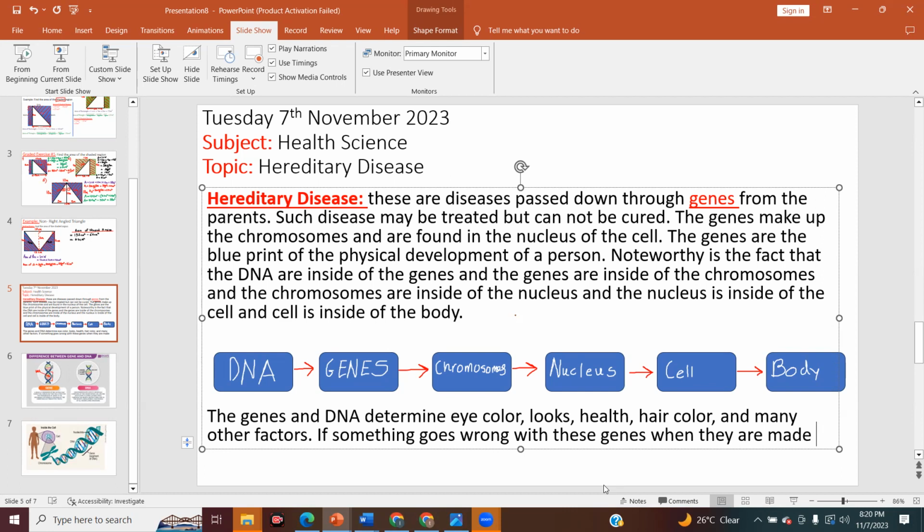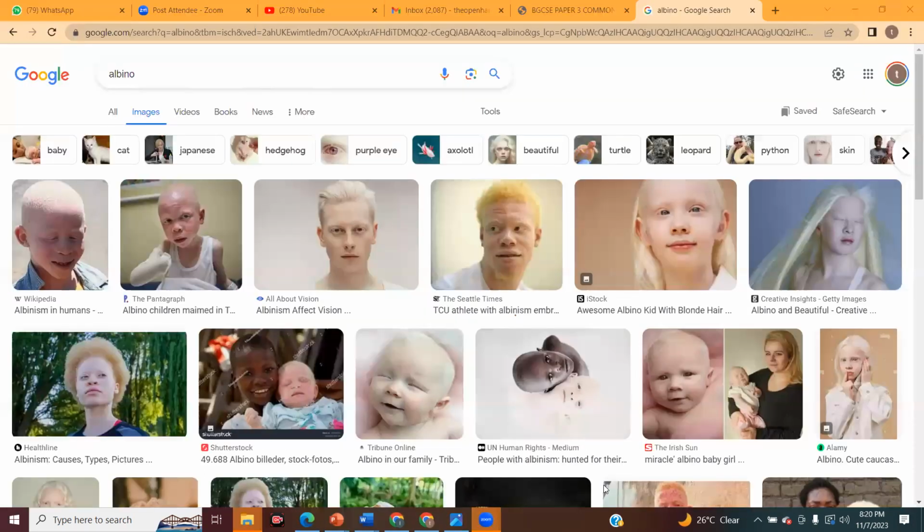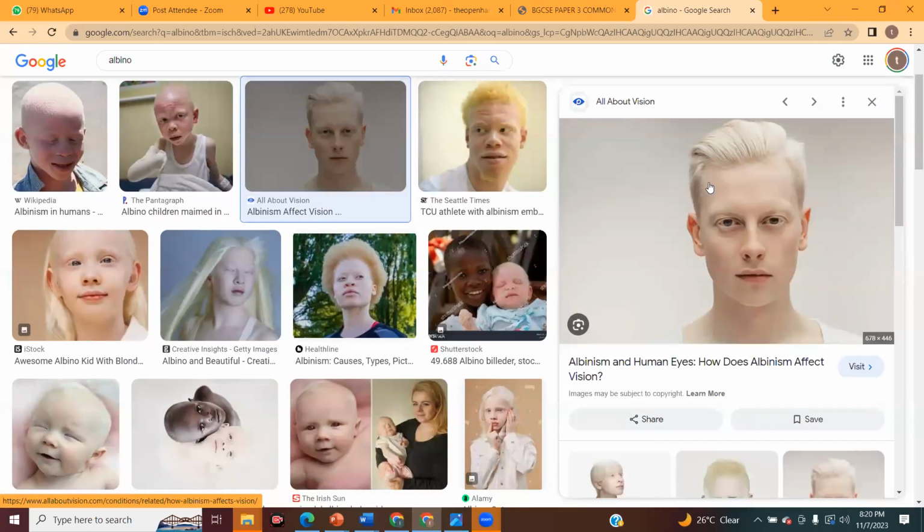Hope they have good pictures here. Albino. So yeah, these are albino people. As you can see, they are straight up white.